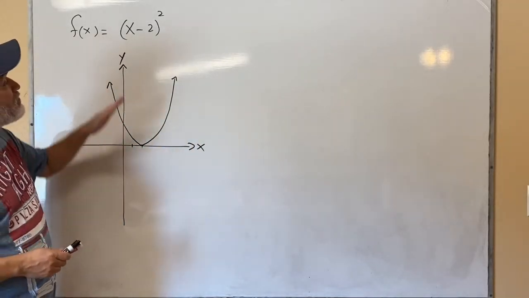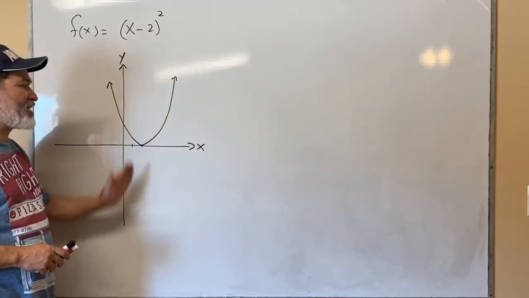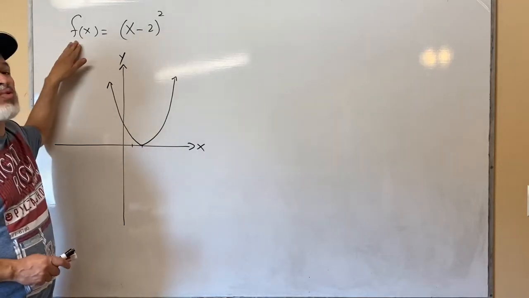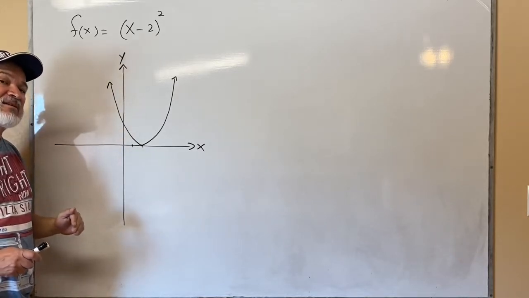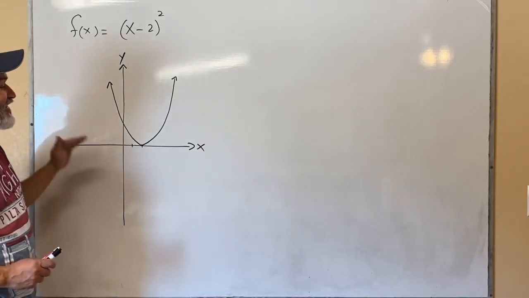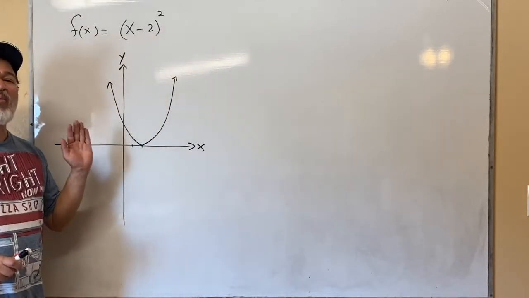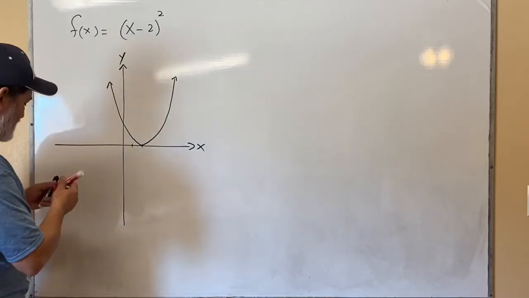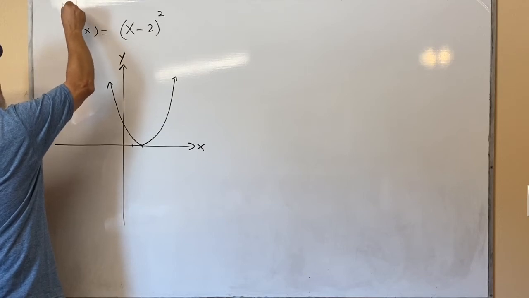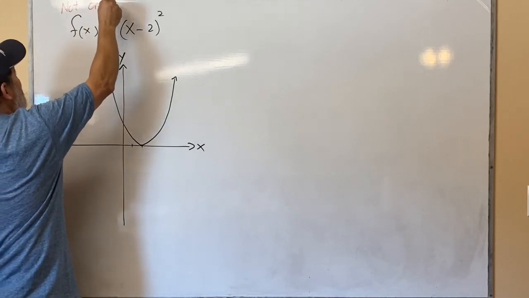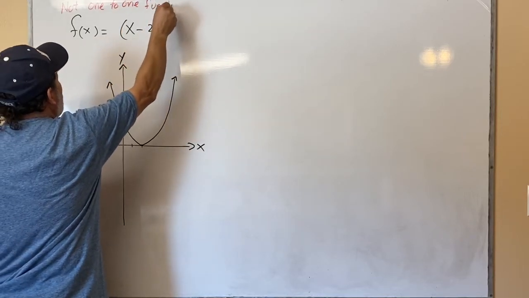Note, this is a function because it passes the vertical line test. It's not one-to-one because it fails the horizontal line test. It is not a one-to-one function.